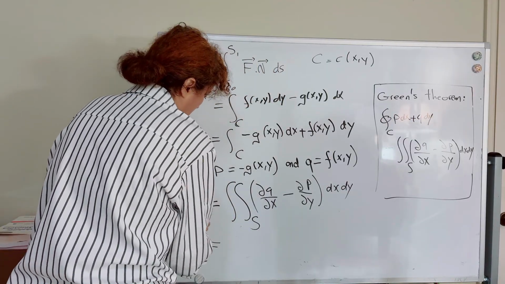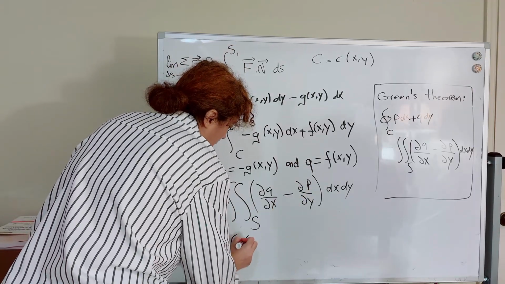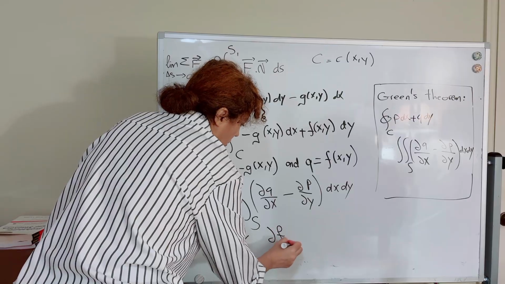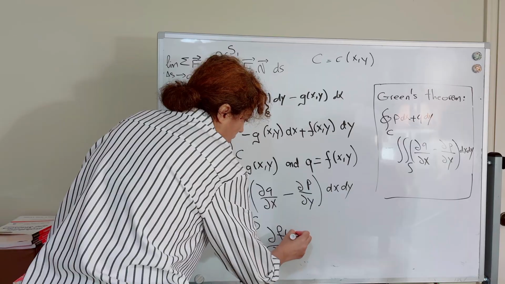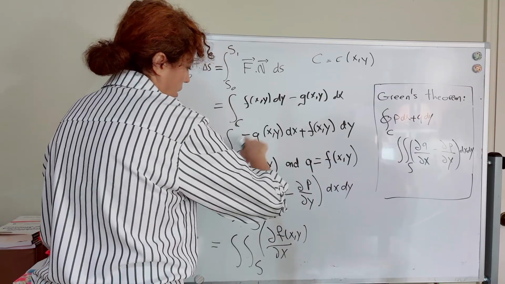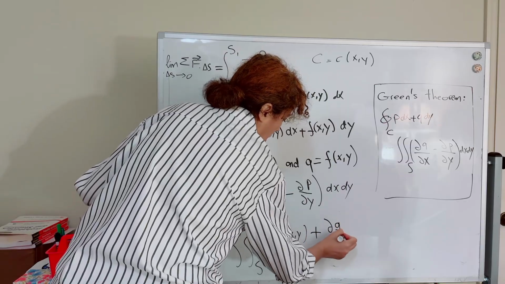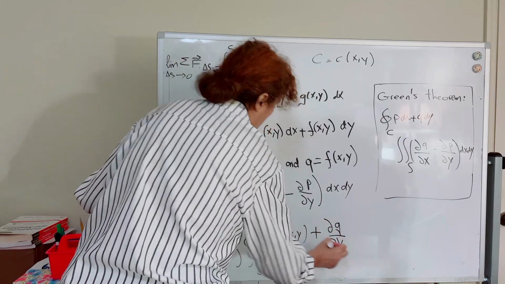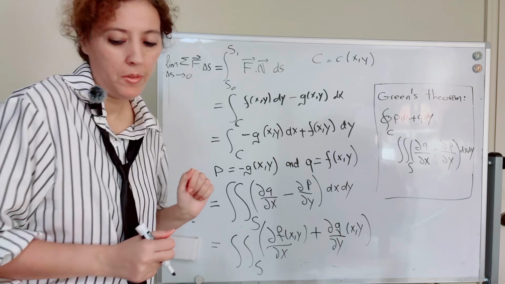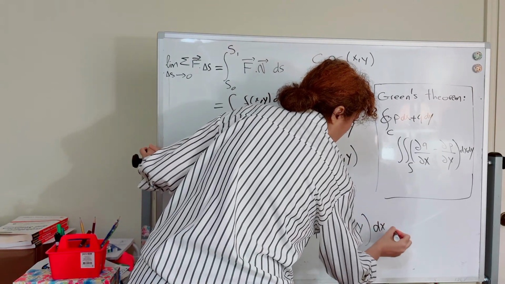Since Q is f, this is going to give us d of f over dx of xy, minus a negative, which gives a plus, so plus dg over dy of xy, dx dy.